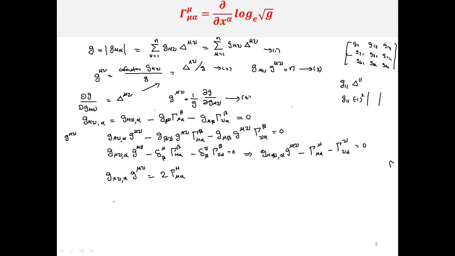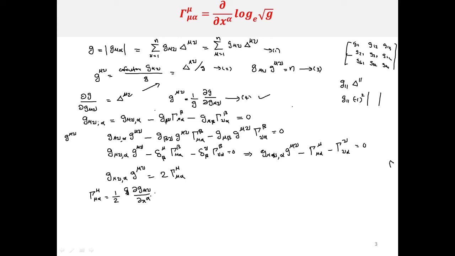Okay, so the value of Γ^μ_{μα} will be 1 by 2 g^{μν} ∂g_{μν} by ∂x^α, into, what is the value of g^{μν}?